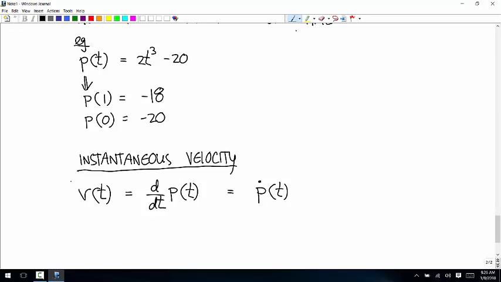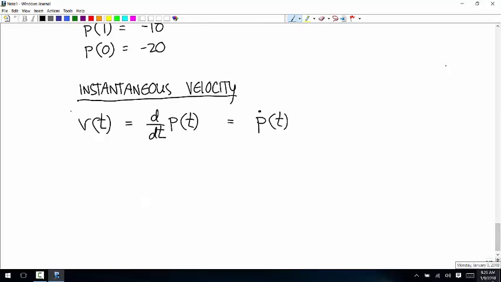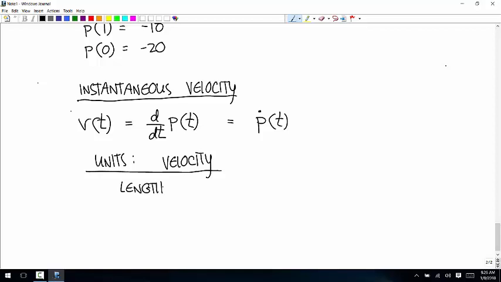Okay, so instantaneous velocity has units always that are a unit of length over a unit of time.